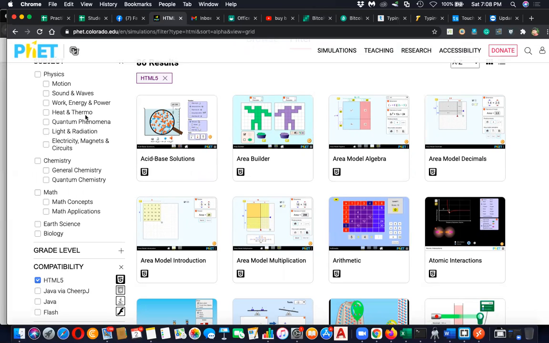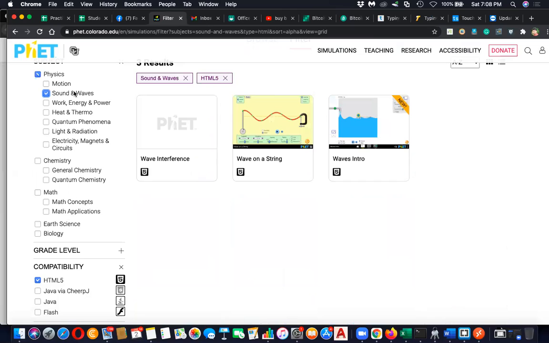Let me show one thing: sound and waves. Okay, so you can see the wave. I cannot remember the English medium version, because I learned this in the Sinhala medium.